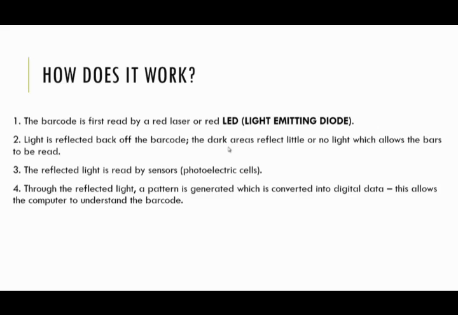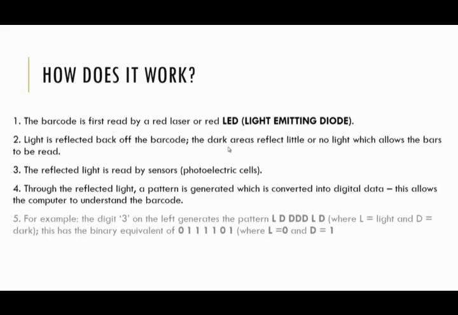So the pattern of dark and light, DL, something like this, is generated. For example, the digit 3 on the left generates the pattern LDDDLD, where L is light and D is dark. This has the binary equivalent of 0111101, where L is 0 and D is 1.